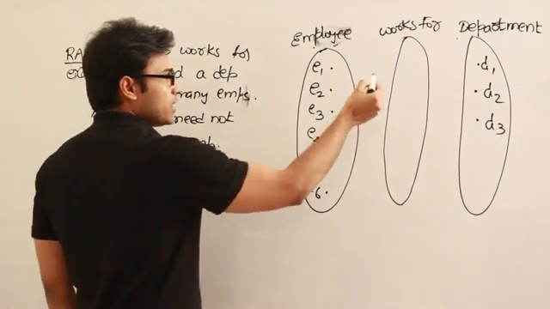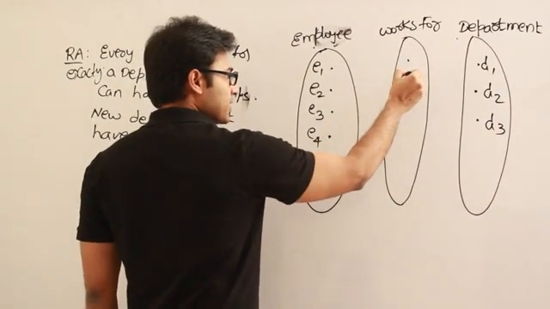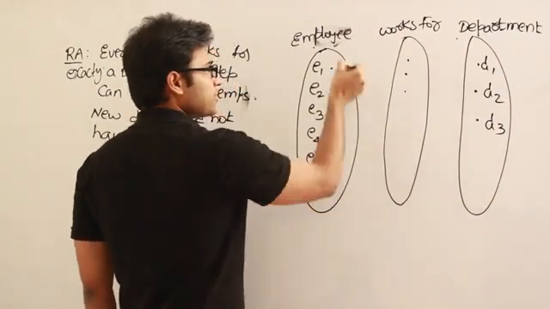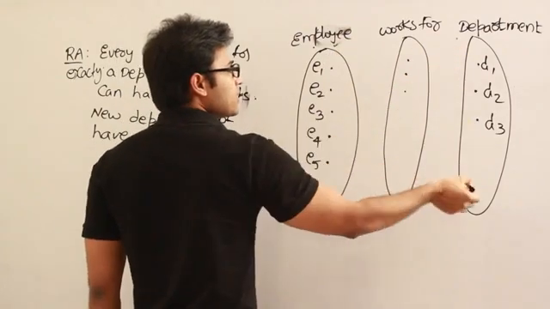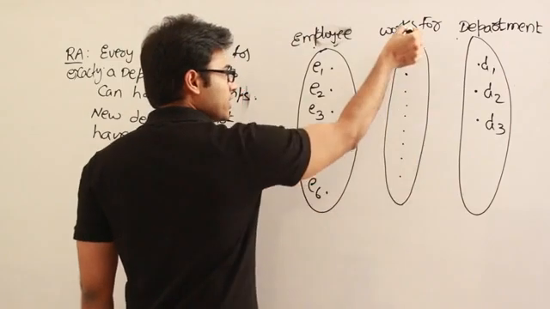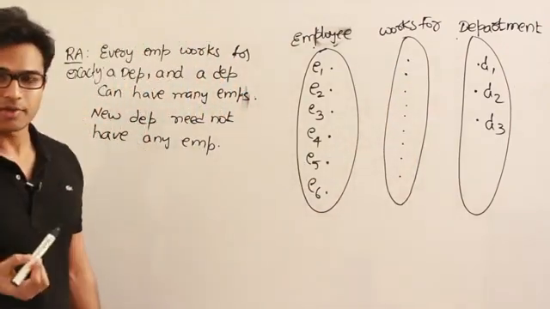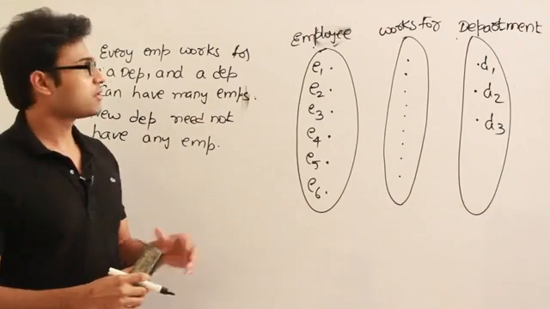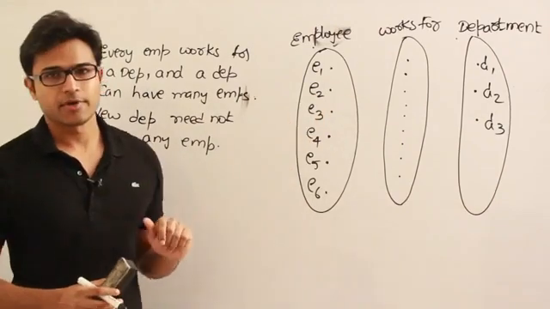Now every relationship here in this relationship type, this is relationship type, this is employee type, and this is the department type, right? So every relationship in the relationship type is actually an association between employee and department, right?